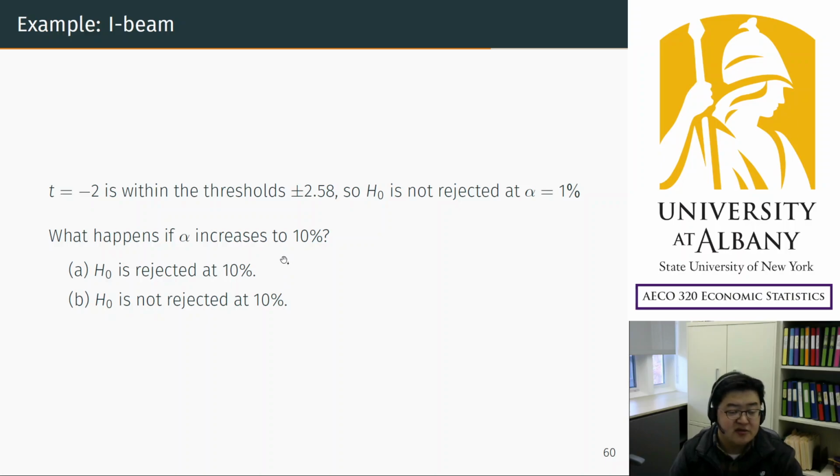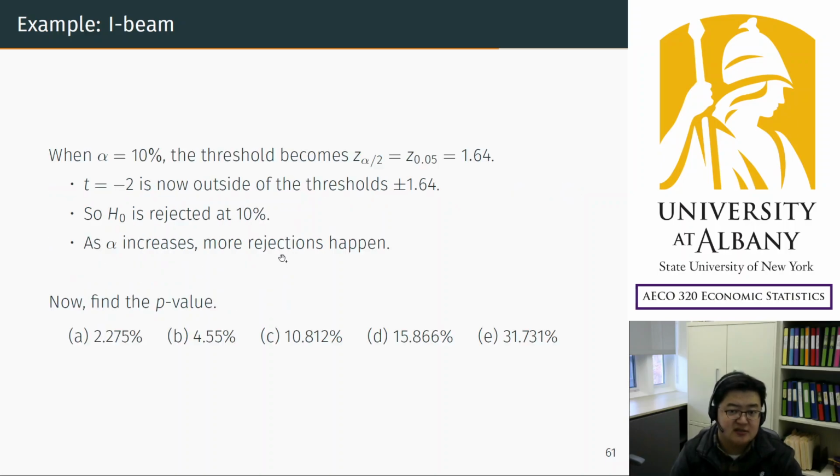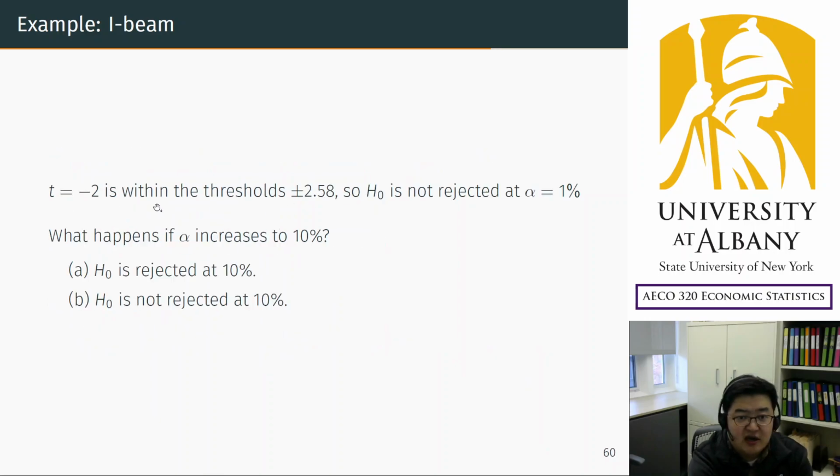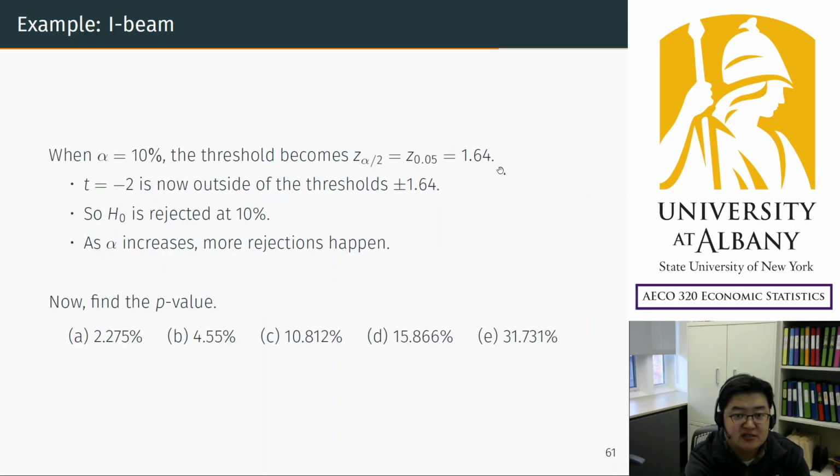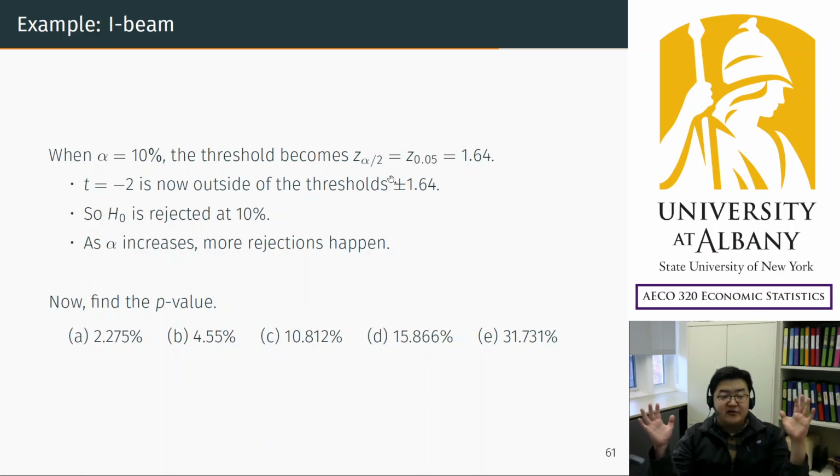When you increase alpha to 10%, the t-statistic does not change. That's the point. The t-statistic does not change, but this number, plus minus 2.58, should change to plus minus 1.64. So now the difference must be much smaller for the belief to be accepted.